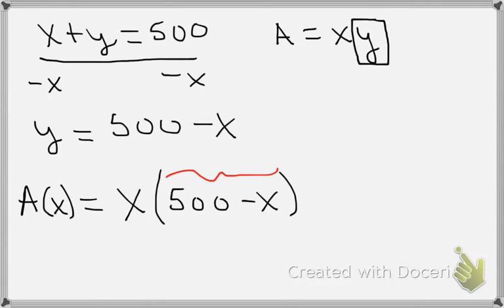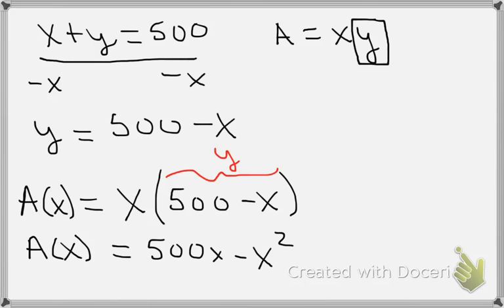So this part right here is just the y from above. And if we multiply that out, if we want to, then we see that A of x is equal to 500x minus x squared. All right, so we've taken care of the first part of the problem.